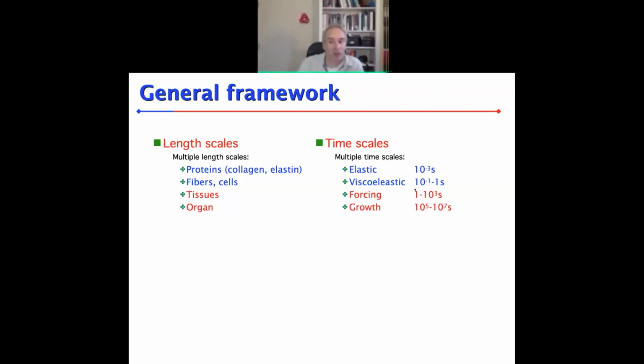There are forcing time scales, or how you force the system, for instance in your material, by a non-constant stimulus. And then there are growth time scales that take place on the order of minutes, hours to years, or dozens of years, or hundreds of years in the case of giant trees, for instance, that are still growing.